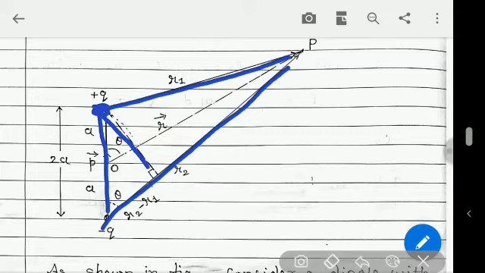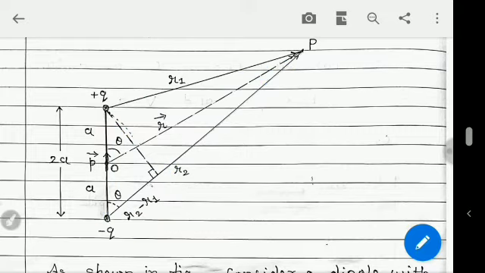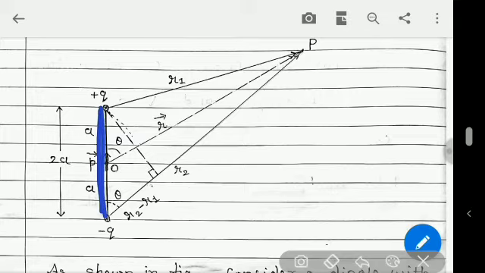we have to take a perpendicular on this largest side. When we take this perpendicular, we will find that this much difference is nothing but the difference between r2 and r1. You can easily make out from the figure. So in this triangle, this distance is twice of a.